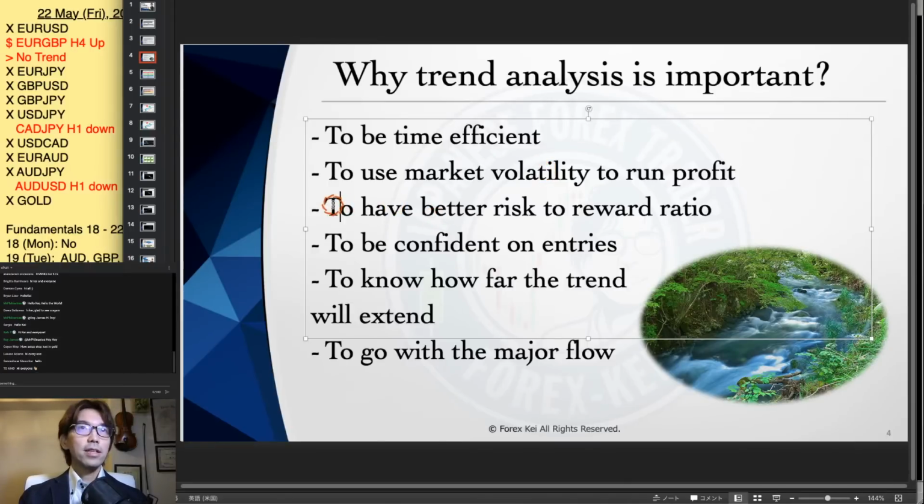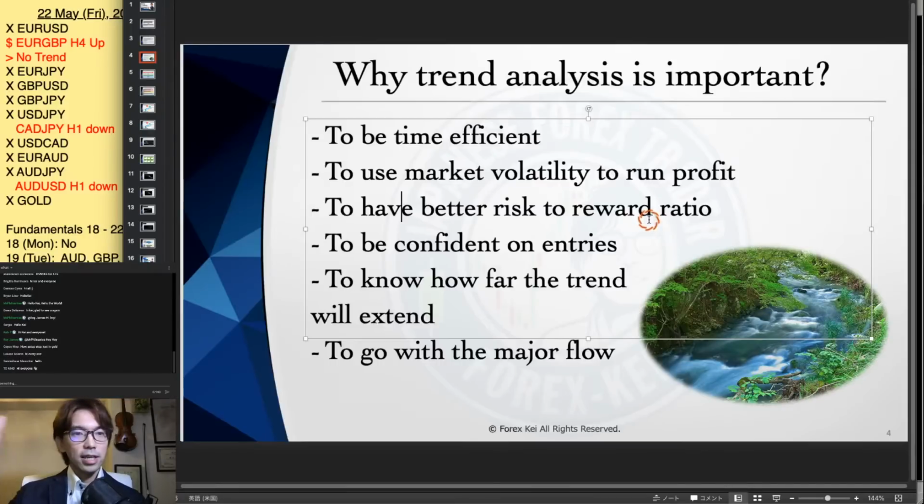The third point is to have a better risk to reward ratio. Like I said before, I usually take trades in smaller time frames, but I ride on the trend in bigger time frames. And that's the ultimate way to have a better risk to reward ratio, in my opinion. Because the market is fractal, whichever time frame you look at, the market goes up and down.